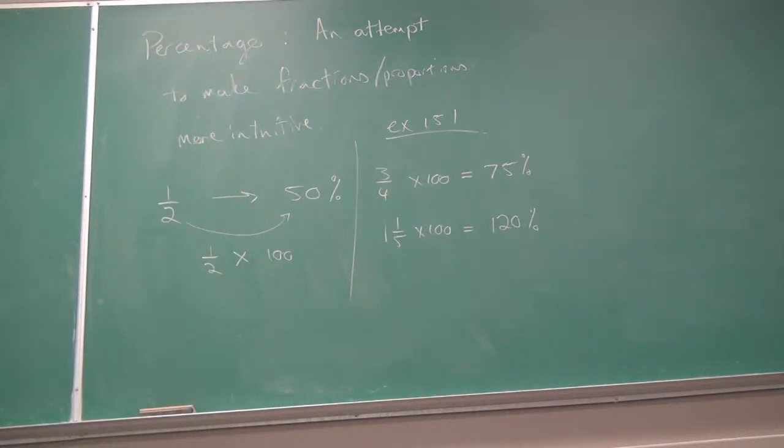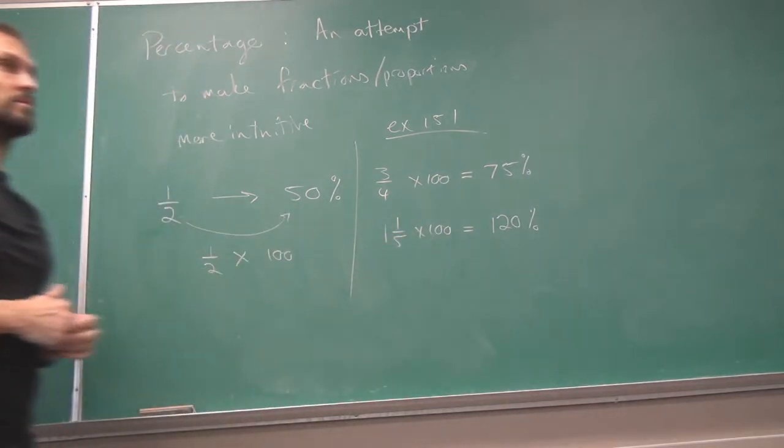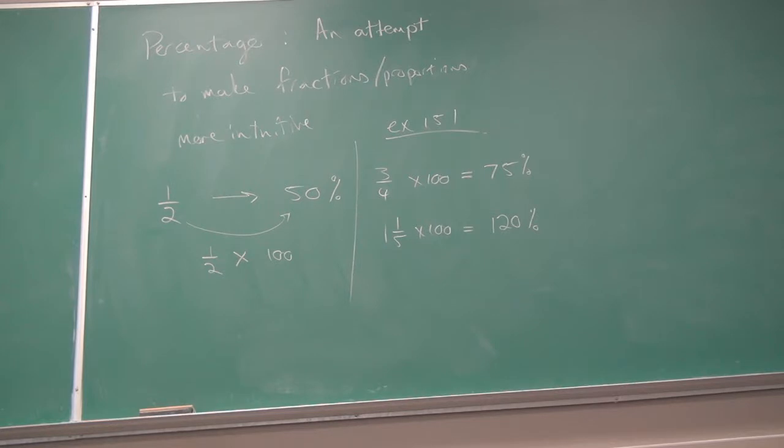So a percentage value larger than 100 means I end up with more. Just like we saw, if I multiply by a mixed number, I'm going to end up with more than one single whole. A percentage less than 100, and I have less. Percentage larger than 100, and I end up with more.